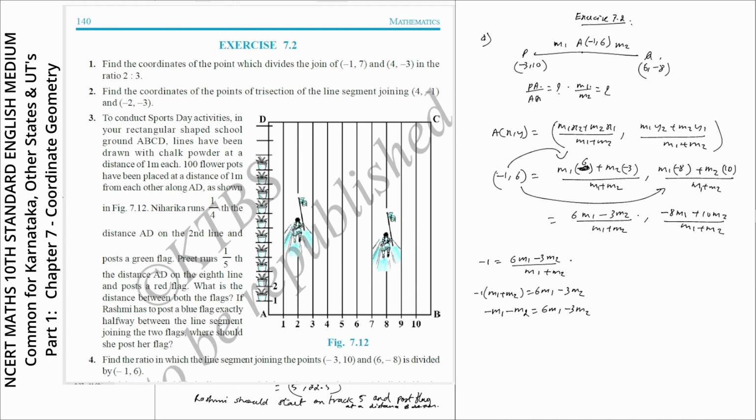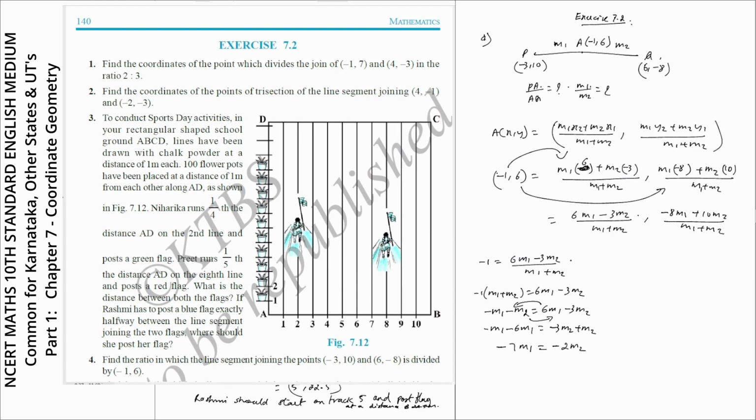So M1, this I'll take to the left hand side, minus M1 minus 6M1, and minus 3M2 plus M2 on the right hand side. So minus M1 minus 6M1 is minus 7M1 I'll get. Here minus 3M2 plus M2 is minus 2M2 I'll get.